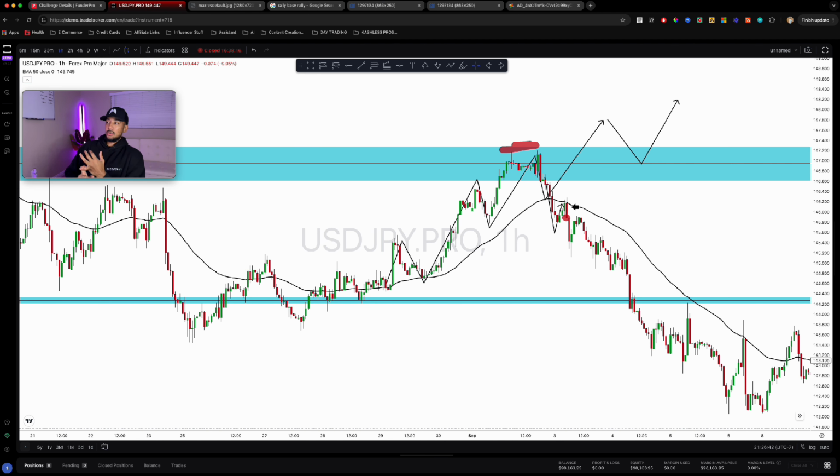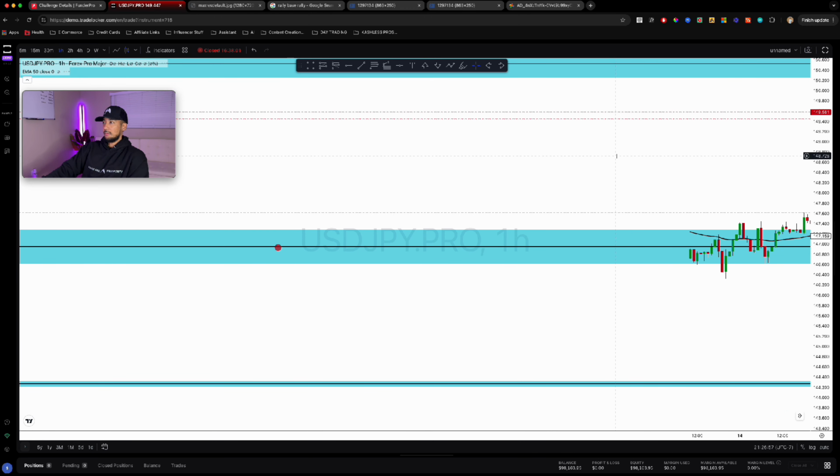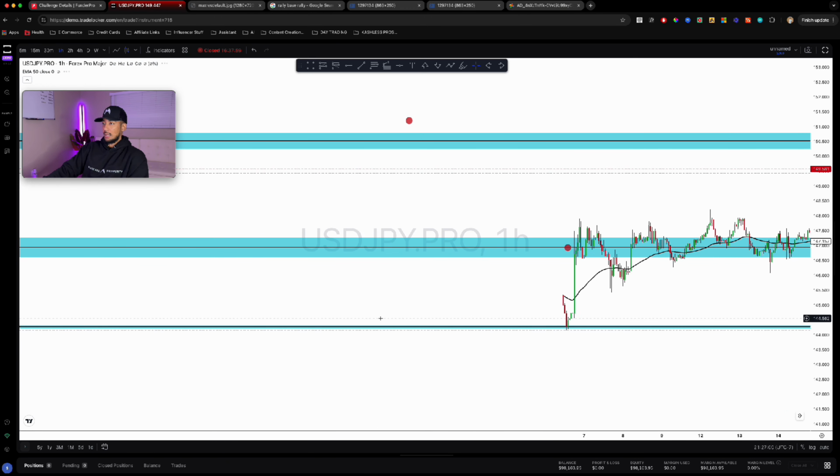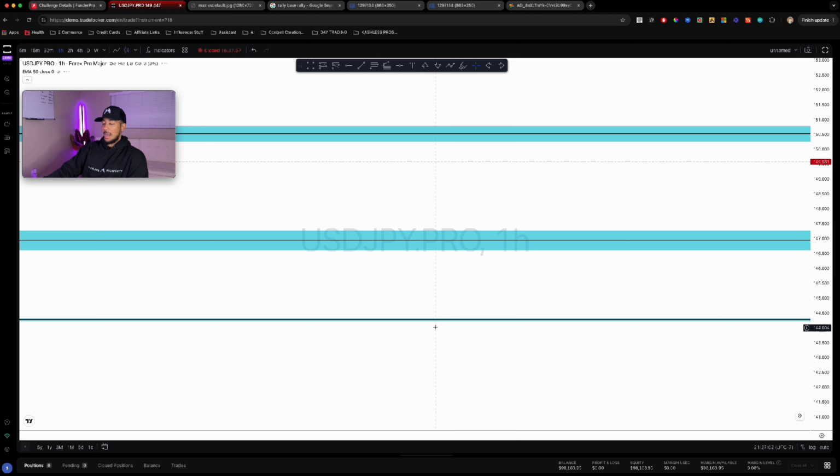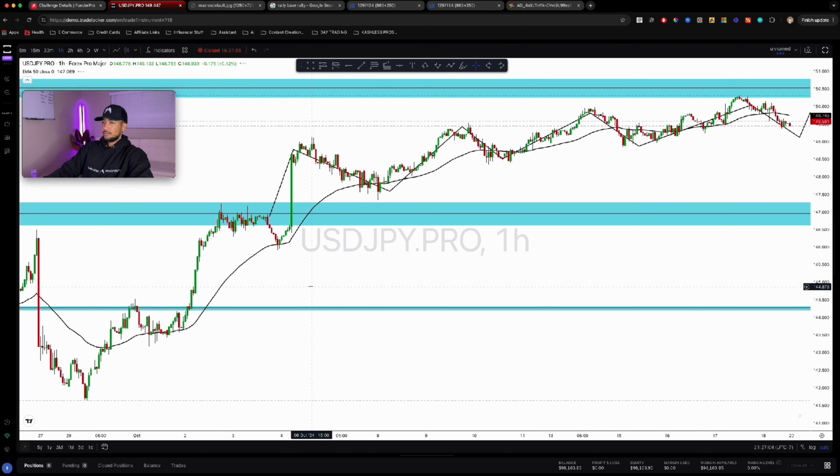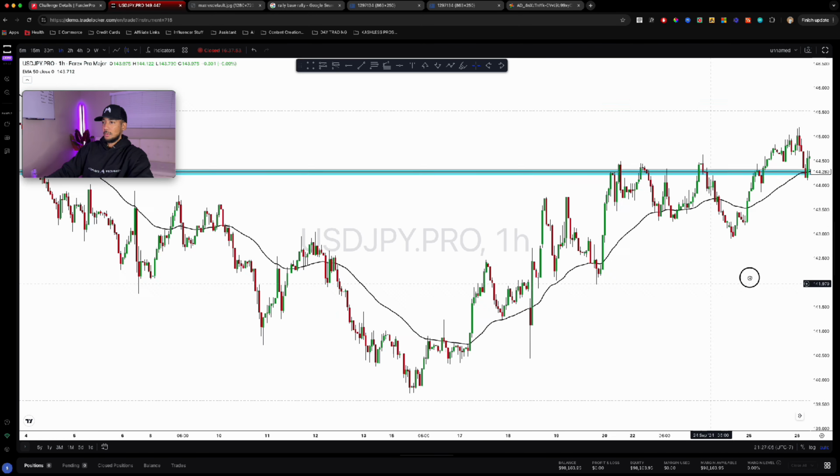And then we also use certain patterns to understand if price is going to reverse. So, the drop-base-rally. We also have rally-base-rally, and I haven't even shown you that yet. So let me try to find you an example of a rally-base-rally. A rally-base-rally is a pretty strong confirmation.